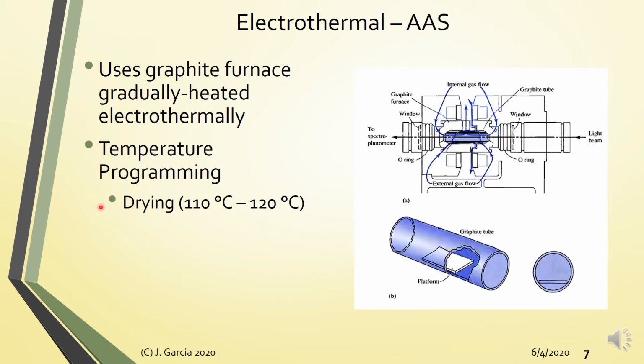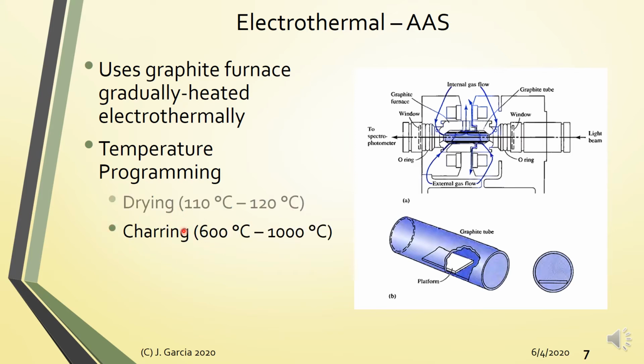One advantage of electrothermal AAS is that you can analyze solids and liquids directly. So you are doing away with sample preparation, and that's one of the advantages of graphite furnace AAS. Since you're placing a solid or a liquid sample here, the first step is to remove water. So the drying step is around 110 to 120 degrees centigrade, followed by the charring step.